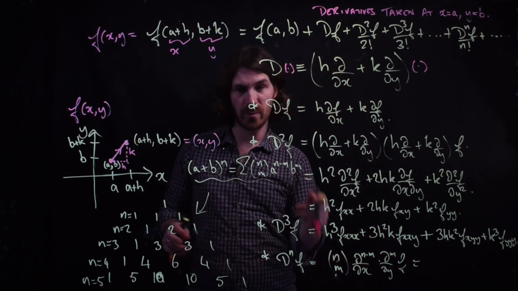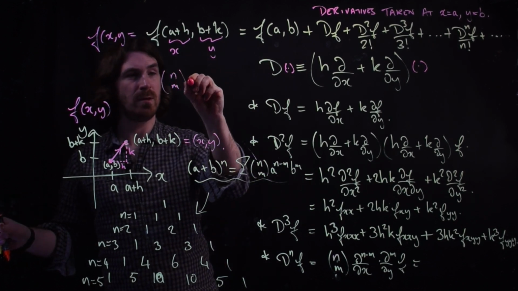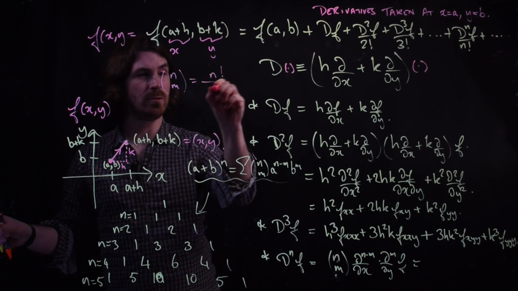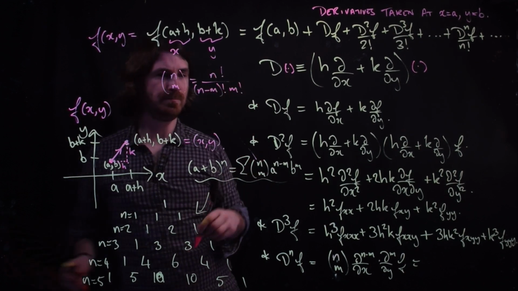Okay, and in general, this binomial coefficient n choose m is n factorial over n minus m factorial m factorial.